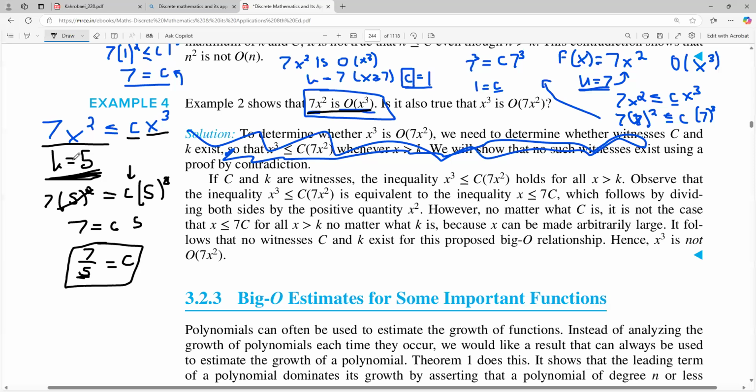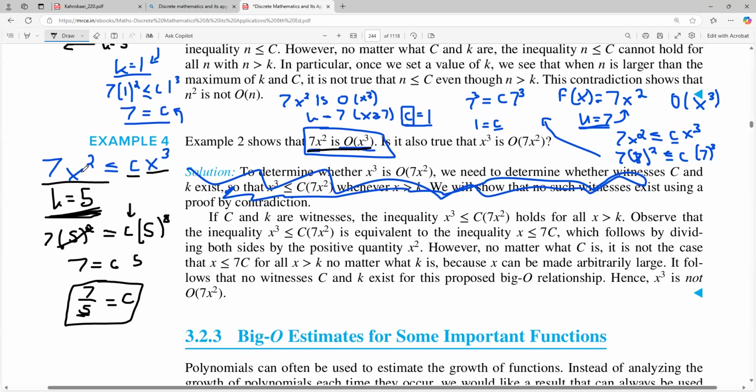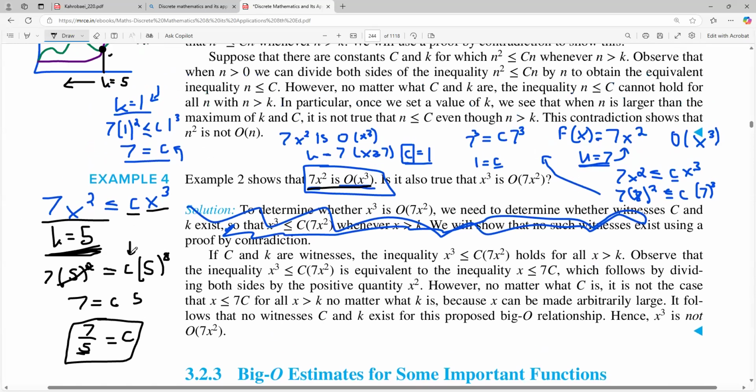Based on what you choose for K, you then choose c. You would want to choose a smart value for K though, usually small numbers like 1, 2. You don't want K to be like 1,000. That would be not good function wise. You don't want to calculate all that. But K of 5 is not bad. You get 7 over 5. It's not a bad constant.